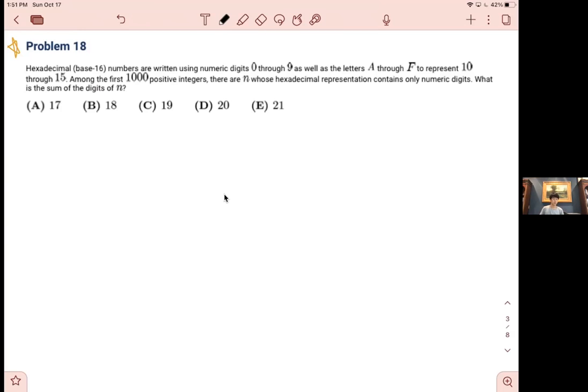So the first thing to do, when I was first doing this, I didn't see really how to start. So the first thing to do is let's get goal 1: let's get 1,000 into hexadecimal.